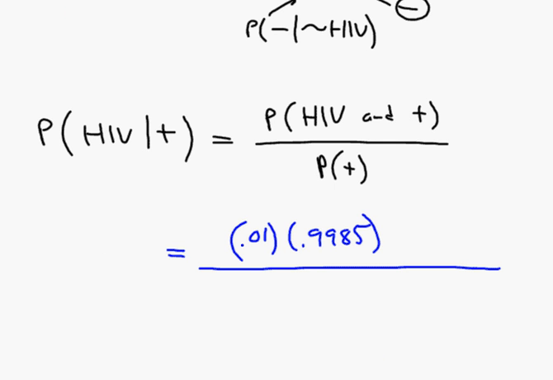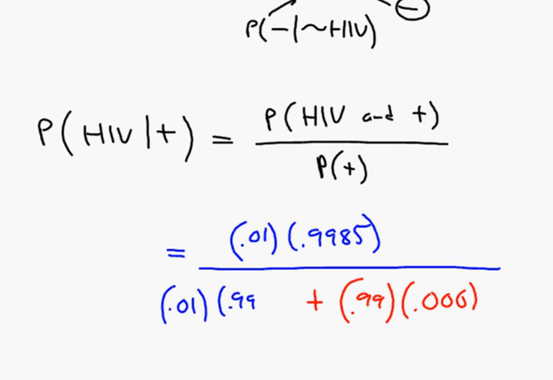All right, so this is going to be 0.99 times 0.006 plus the blue probability, 0.01 times 0.9985. And if you think about it, this denominator is sort of adding up the total proportion of the population who are going to get a positive test result. The first group are the people who actually have HIV. So this group here, these were people who had HIV and tested positive.